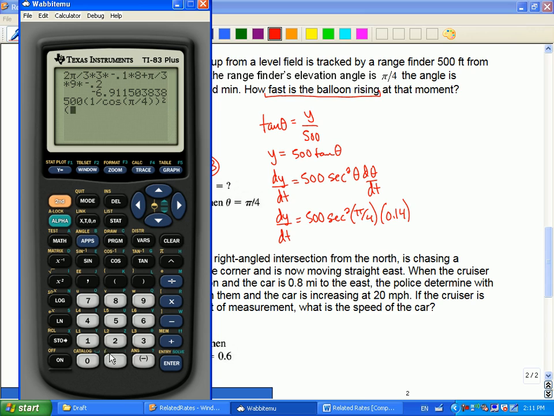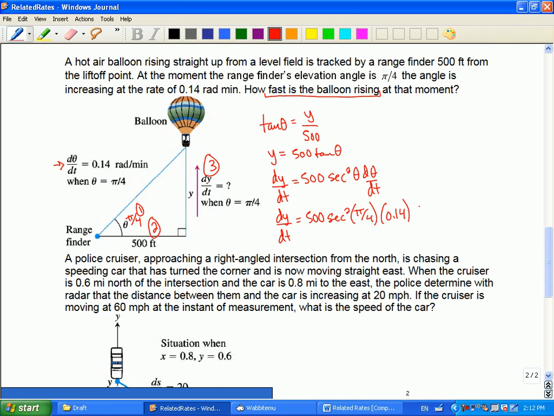Be careful about how you put it into your calculator. I'm going to want to double check this myself. So that's secant pi over 4, that's all squared. Okay, so it looks okay to me, which means it's 140. Yes, 140 feet, and we are working in minutes, feet per minute.